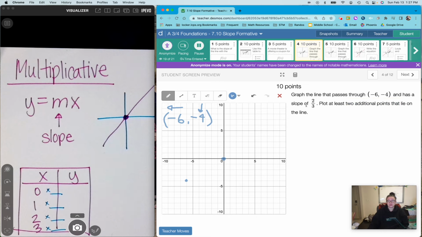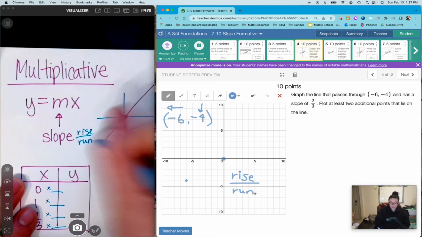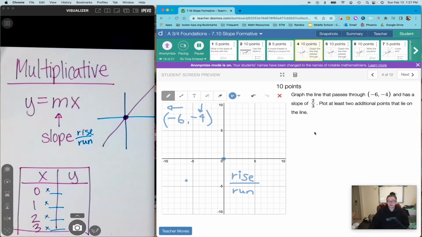I need some additional points using my slope of 2/3. We know slope is rise over run. So my slope here is 2/3.